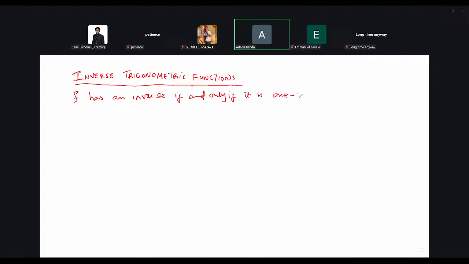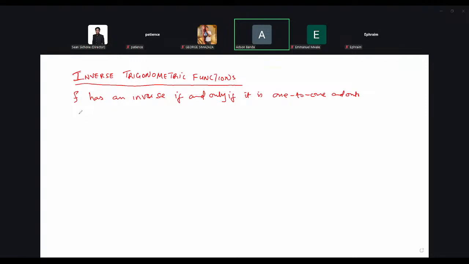So it is 1-to-1 and also onto. So this is what we know from what we have done before, that a function will have an inverse if it is both 1-to-1 and onto.